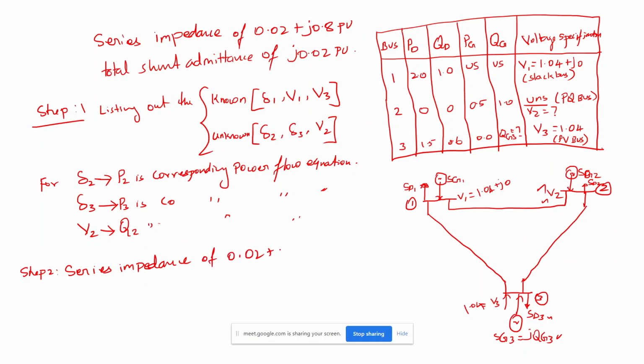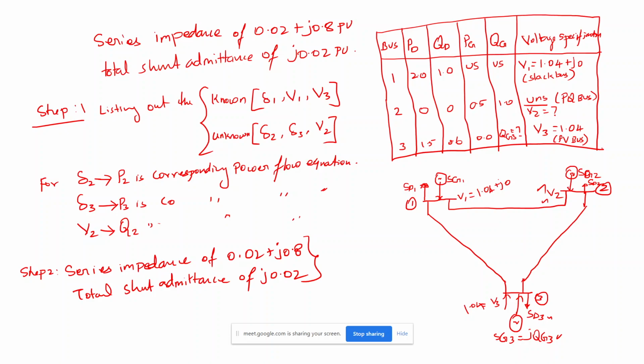We have a series impedance of (0.02 plus J0.08), and then a total shunt admittance of J0.02. So this is given in the question.